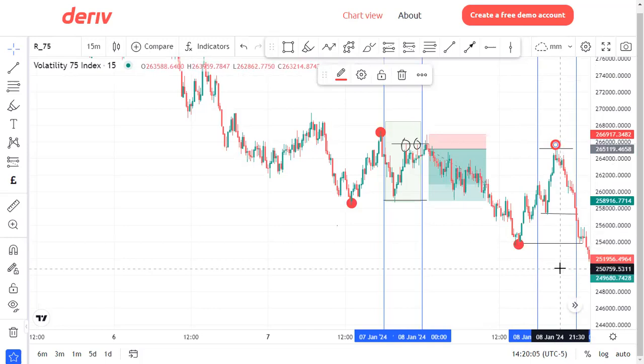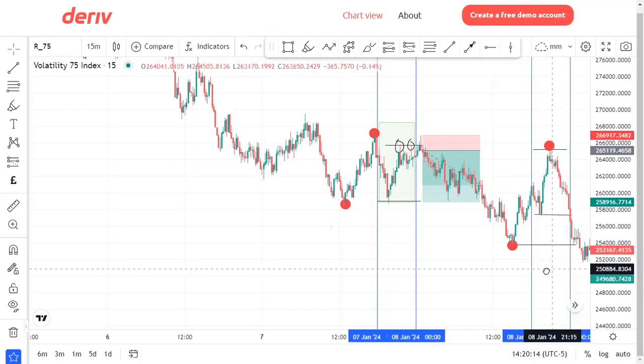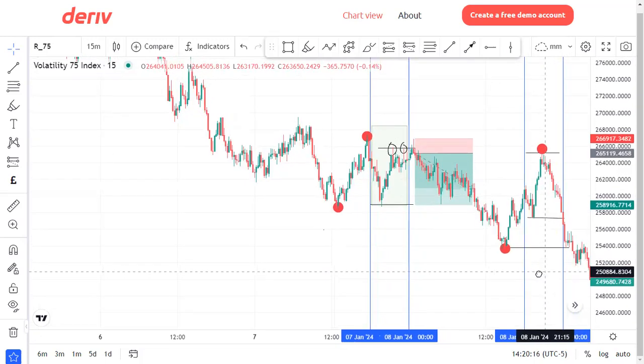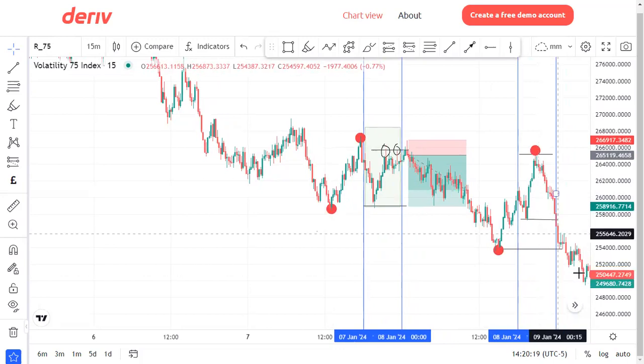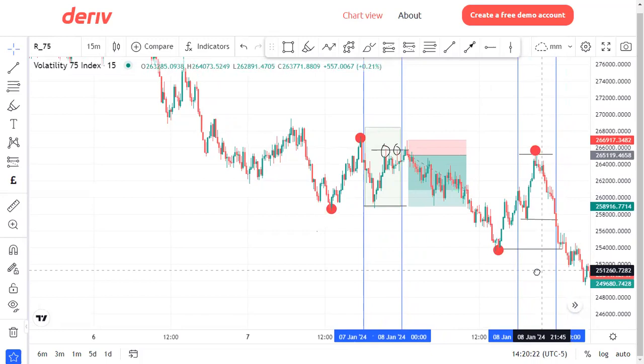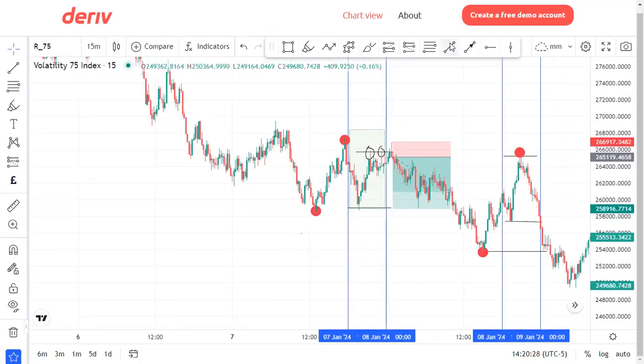So we are expecting the market to retrace during this day. So we're expecting to buy. So you wait for buying opportunities to present themselves. The market is moving. It is not giving you anything. You just wait patiently until it gives you something to buy.